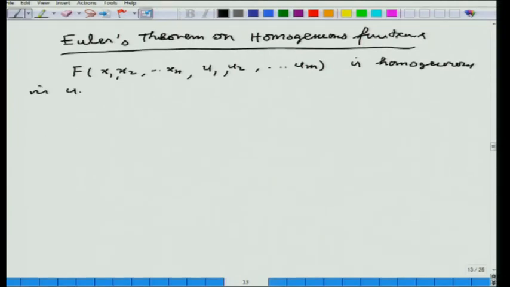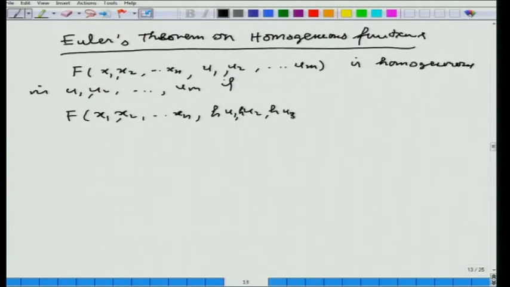If f of x1, x2, xn, h of u1, h of u2, h of u3, and so on, h of um is actually equal to h to the power n times f of x1, x2, xn and u1, u2, um.